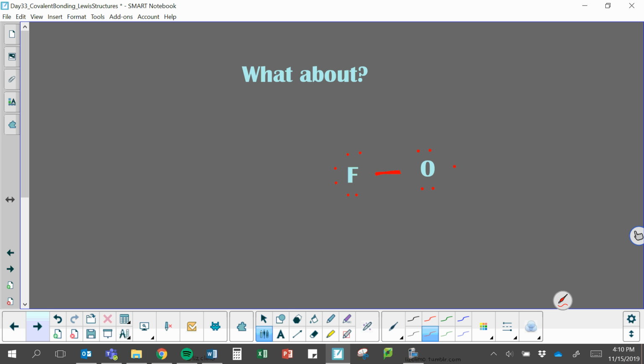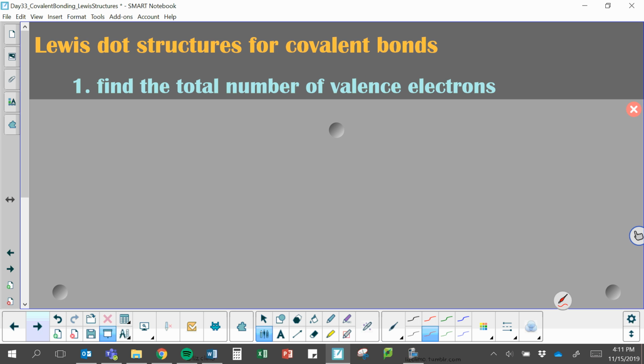So it's not going to be able to bond to anything because we have to have 2 electrons. Our bond is going to equal 2 electrons. We don't have another electron, and this fluorine is happy, and the oxygen is unhappy. Moving any electrons over to this bond would make fluorine unhappy. So what we would have to do in this case is add another fluorine in order to have a bond. We have to make sure that both elements are happy in order for it to work.